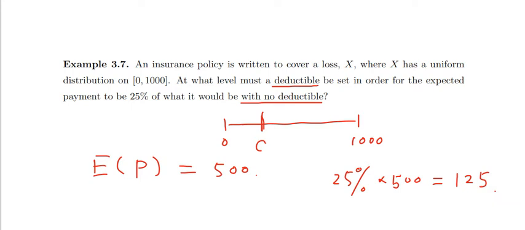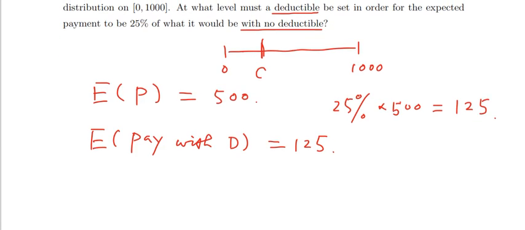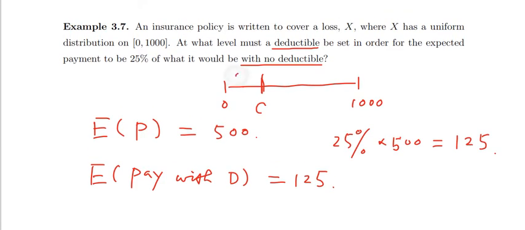Now the problem is we want to find this C such that the expected value for payment with deductible equals this. So find this C. The payment with deductible here is 0, right?